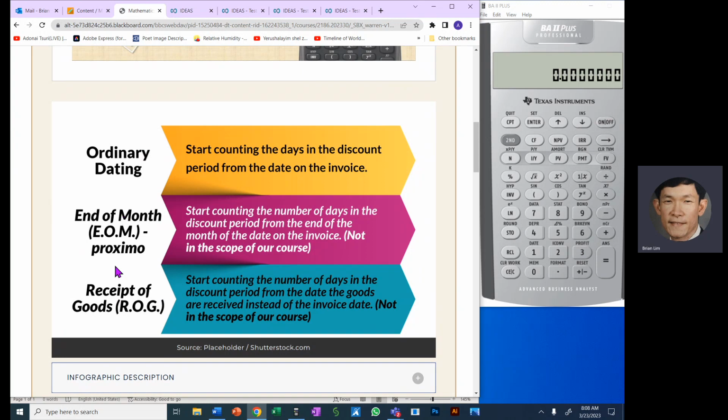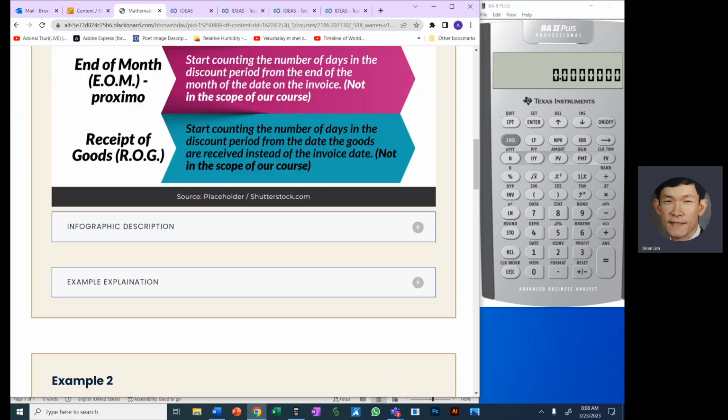Okay, there's end of month. That starts counting the days in the discount period from the end of the month of the date on the invoice, not in the scope of this course, so this will not be done here. And of course, receipt of goods. Start counting the number of days in the discount period from the date the goods are received instead of the invoice date, not in the scope of this course also.